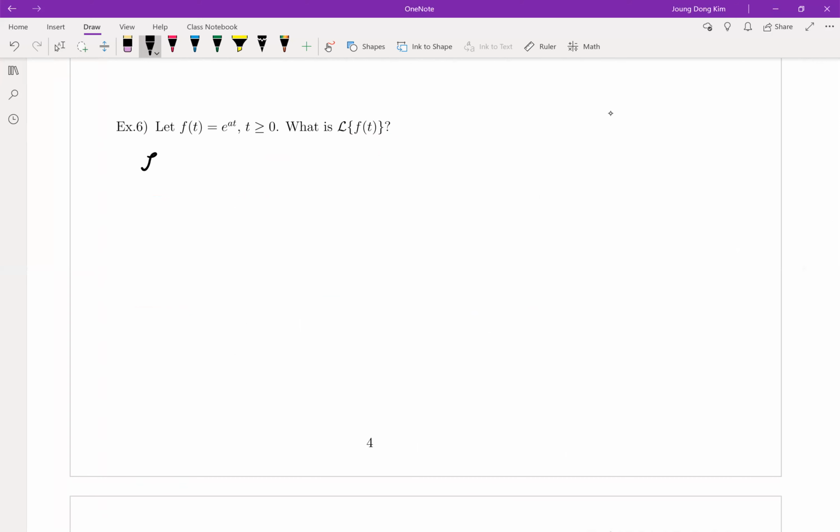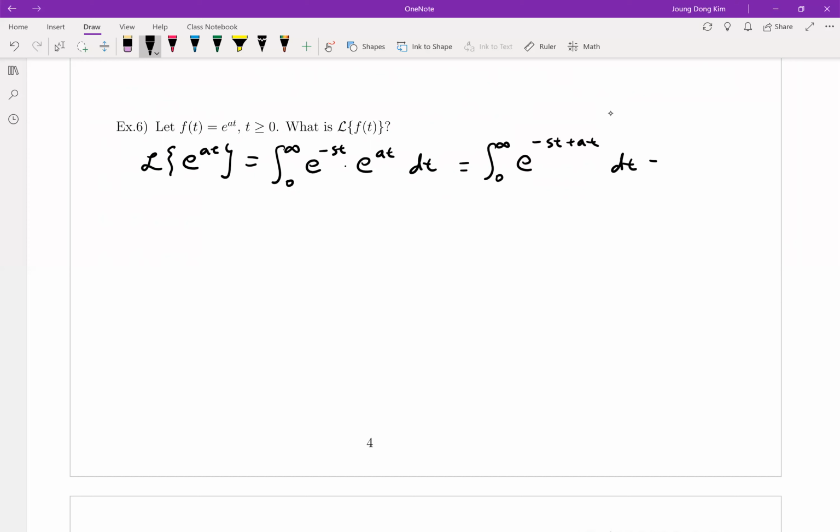So the Laplace transform of the given exponential function, by the definition, is the integral from 0 to infinity of e to the minus st times e to the at dt, okay? Let me simplify a little bit. Let me combine the two separate exponential functions into one single one: the integral from 0 to infinity of e to the minus st plus at dt.